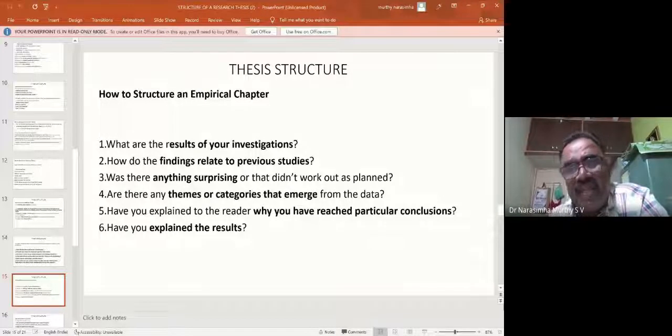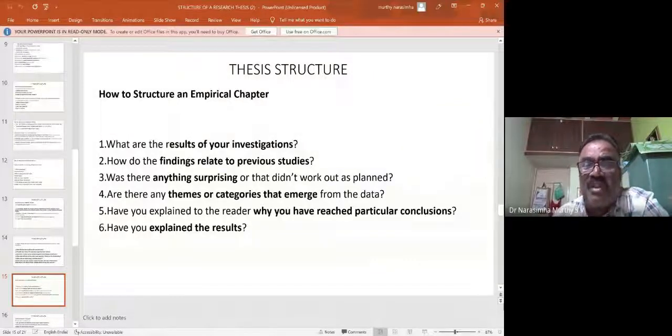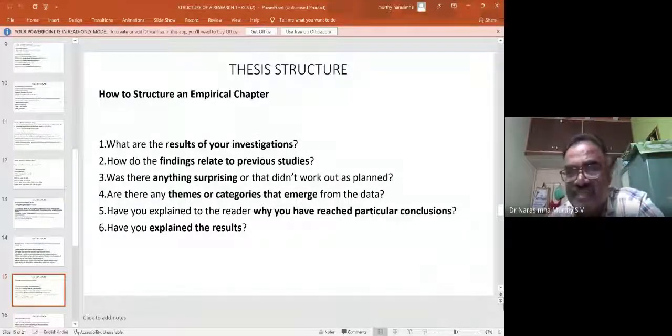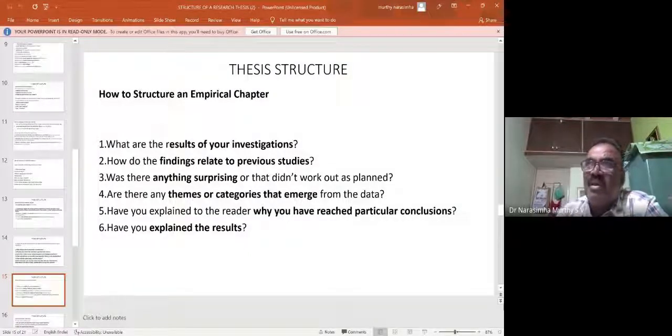Then an empirical chapter. How do you structure it? First thing, you should talk about the results of your investigations. Second, how can you relate these findings to the previous studies? And did you find anything astonishing, surprising in this?